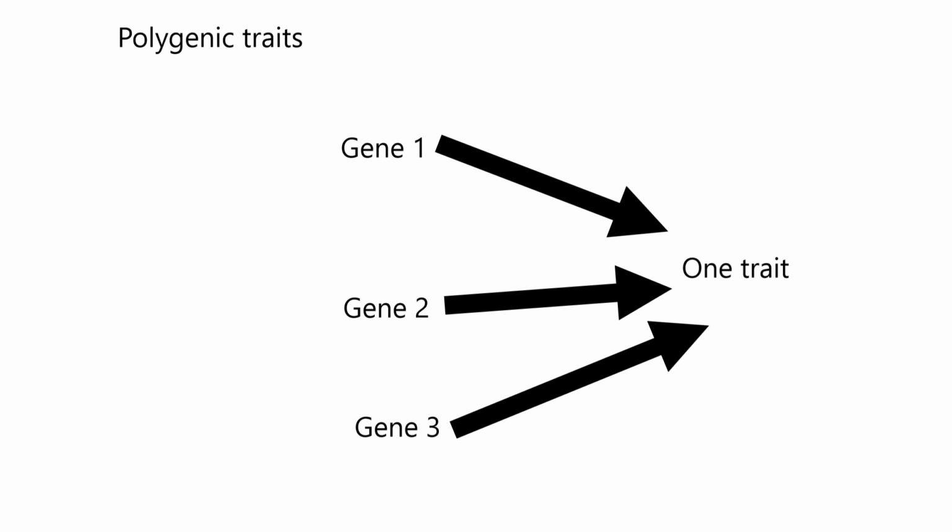For example, one phenotype. So what's an example? Well, it could be the height of a dog, the height of a horse, mature weight, blood pressure of a horse or a dog, whether an animal has diabetes, and also human skin color is a polygenic trait.